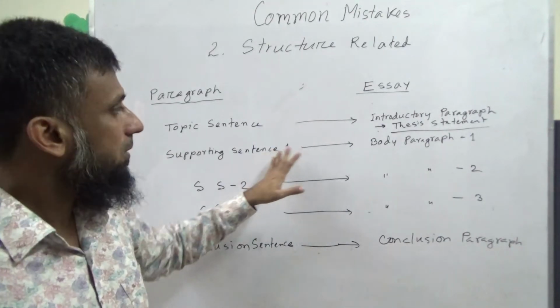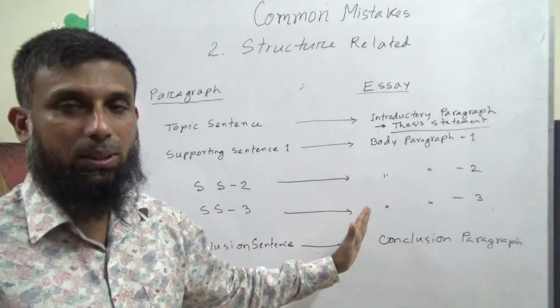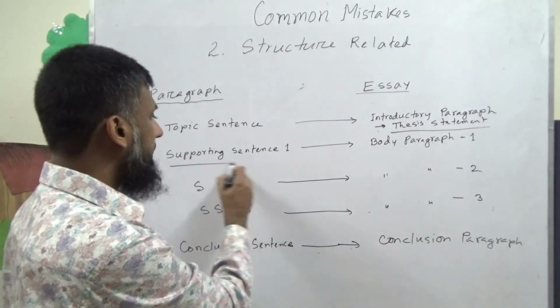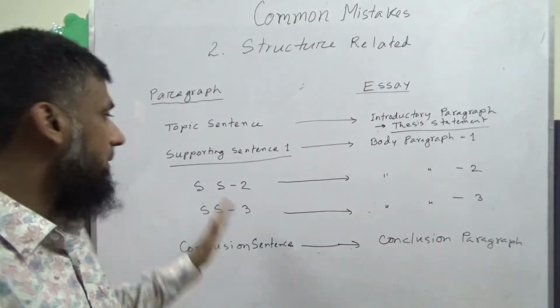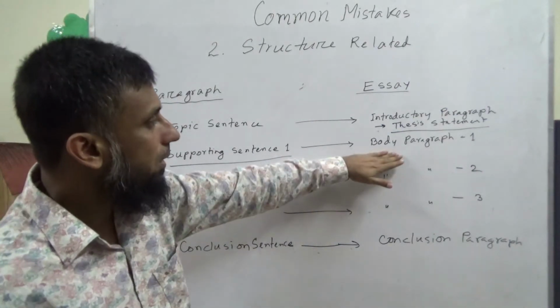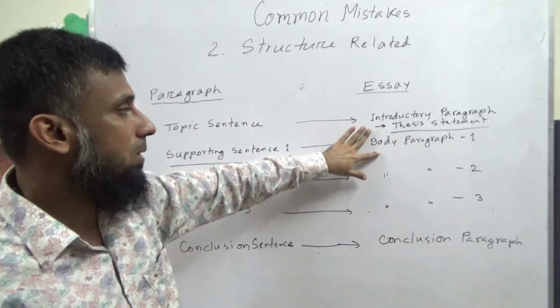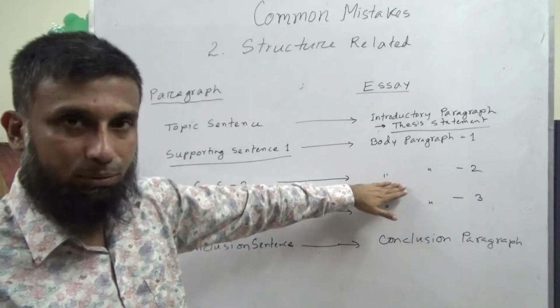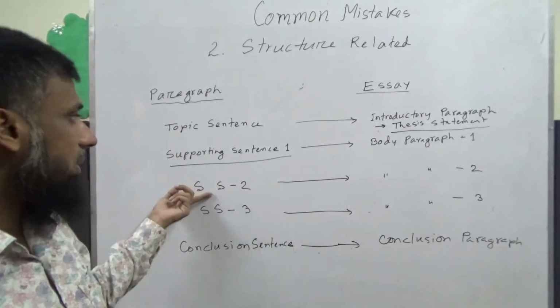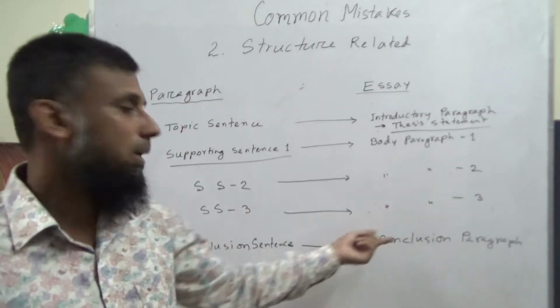Like a paragraph, your thesis statement is supported by some ideas. But in a paragraph, you have only supporting sentences, 1, 2, 3, 4. So a supporting sentence of a paragraph can be developed into a body paragraph. That is the paragraph which talks about the first idea. And then you have another body paragraph talking about the second idea, another body paragraph talking about the third.